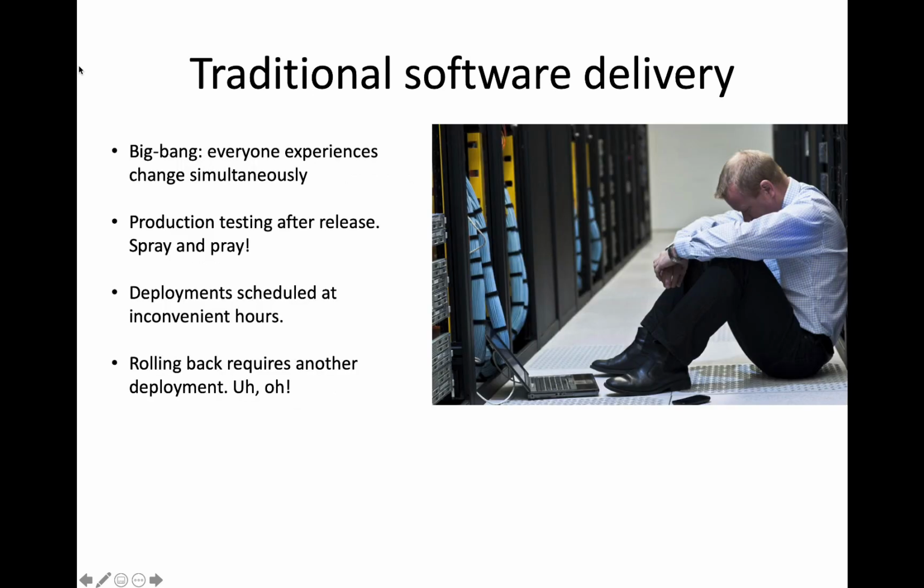This leads to the traditional software deployment process, which is a big bang release, where you have a large set of changes in your platform and you're deploying them all at one time, potentially thousands of changes. You're doing big database migrations, and all of your customers are going to experience the same change at the same time.